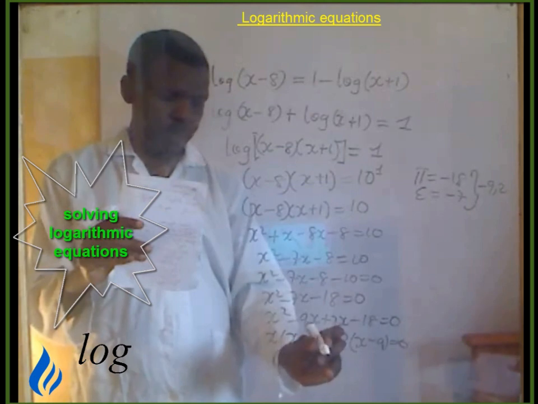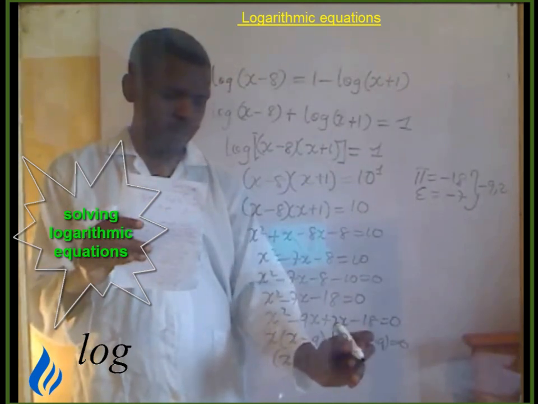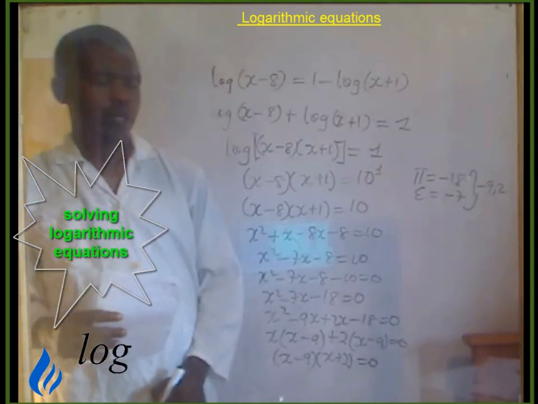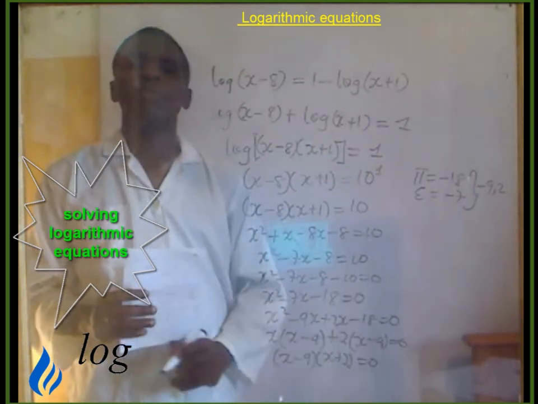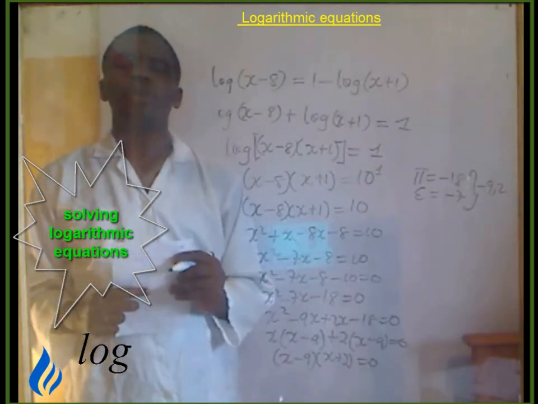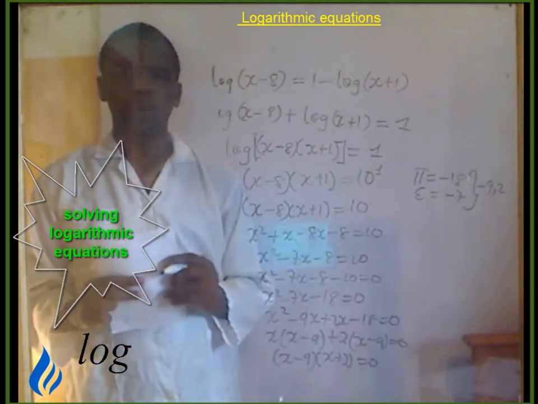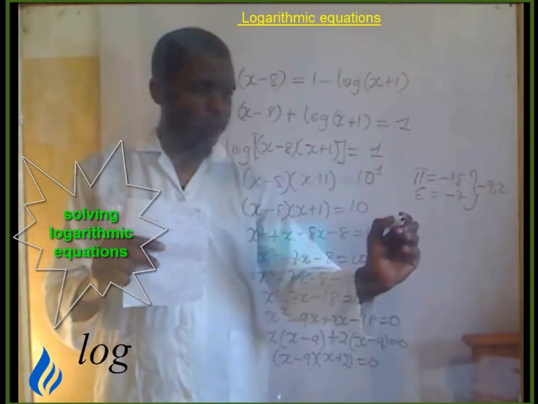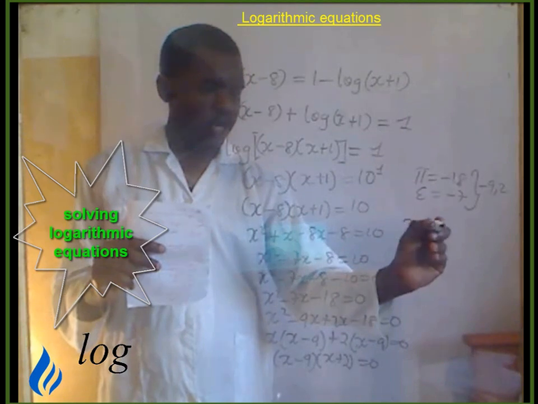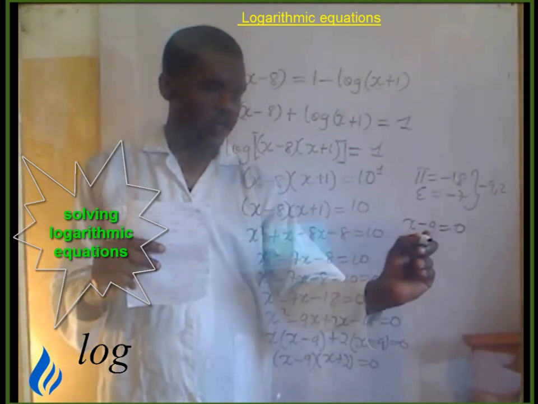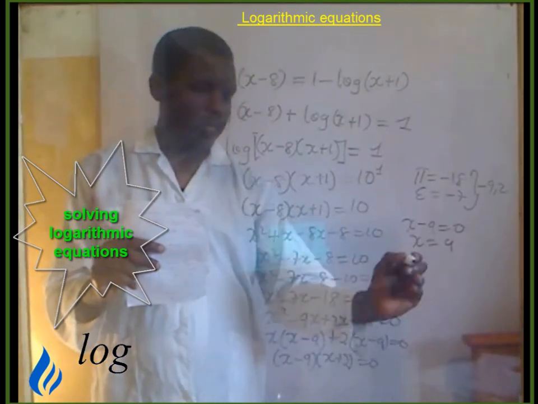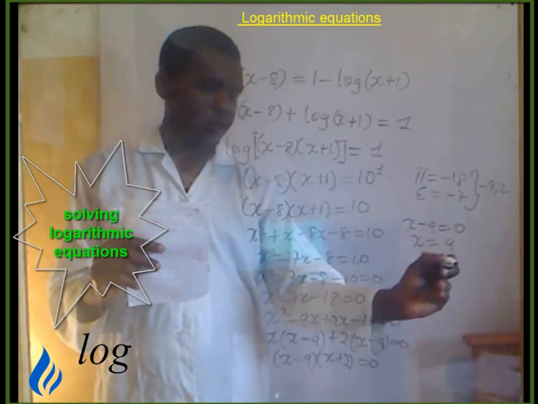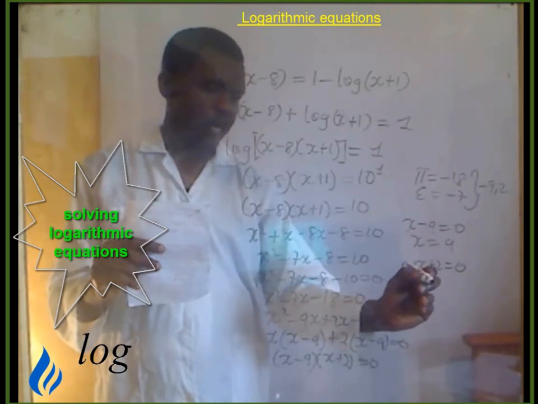Factor of x plus 2 is equal to 0. So we said if two numbers are multiplied, and the product is 0, therefore one of the numbers should be equal to 0. So we say x minus 9 is equal to 0, x is equal to 9. Or it is x plus 2 that is equal to 0. So we say x is equal to minus 2.